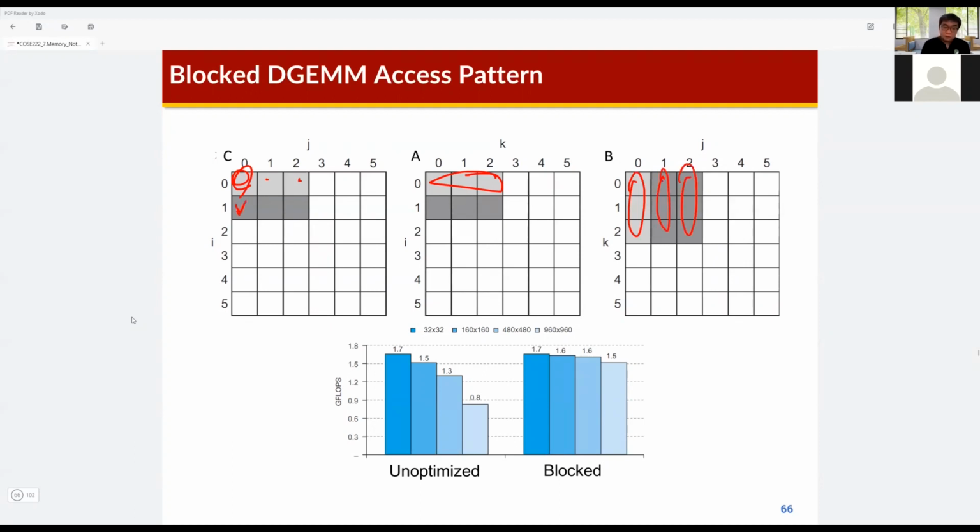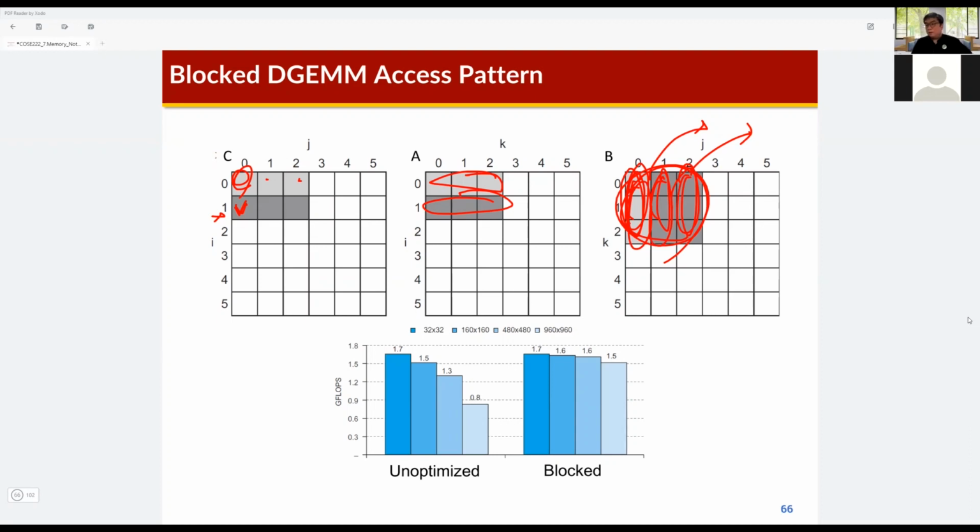And then for the next row of C, we use this row and then this column again. What's the benefit? Because the size of these sub-matrices is small, we can store the entire data of this small sub-matrix in the L1 cache, and then it is reused again and again for this matrix multiplication.